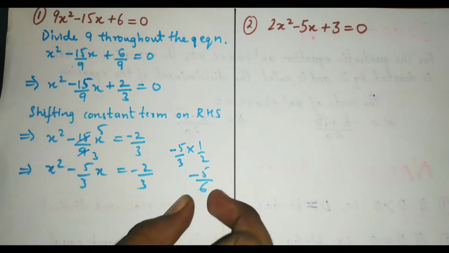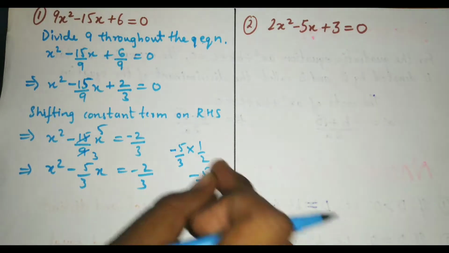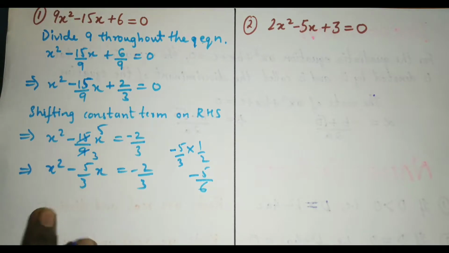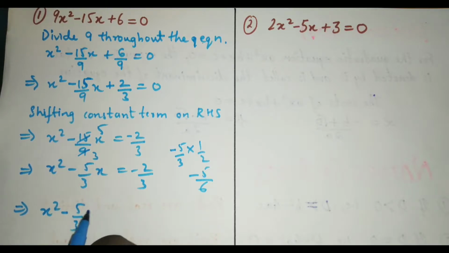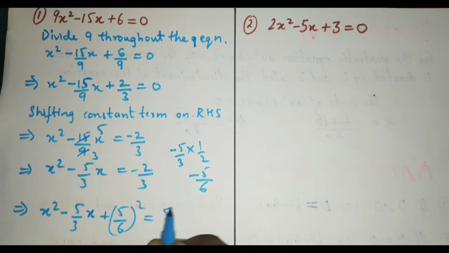So you have to add the square of this number on both the sides. That means LHS as well as RHS. So adding that, x square minus 5 by 3x plus 5 by 6 whole square equal to 5 by 6 whole square minus 2 by 3.